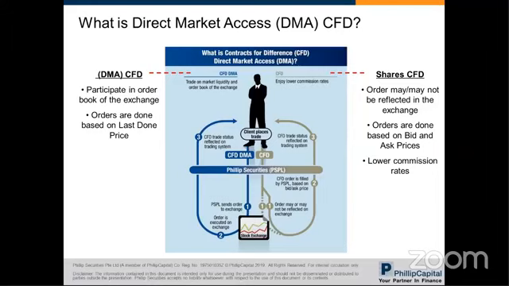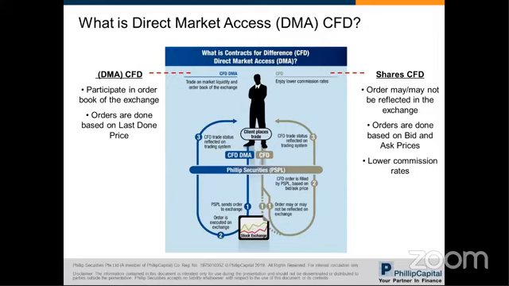For the DMA CFD itself, as mentioned, you can let your orders be keyed into the exchange, and this allows you to participate in the pre-opening segment as well as the closing sections of the exchange. All your orders that you submit can be reflected in the order book.